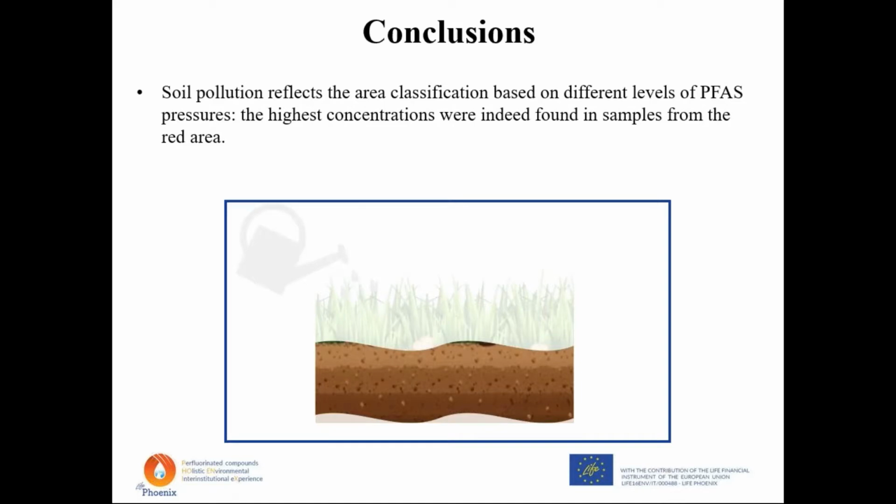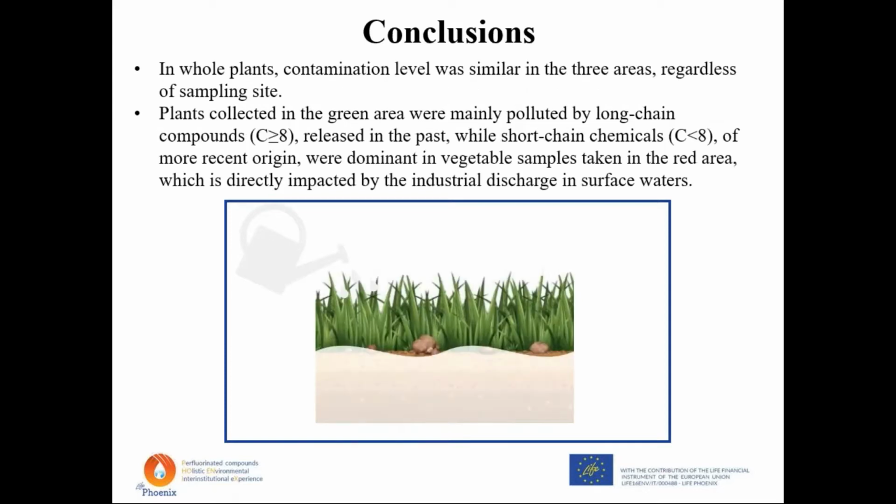About soil, we have found that the levels of PFAS recorded in soil reflected the area contamination based on the different levels of PFAS. Indeed, the highest concentrations were found in samples from the red areas.